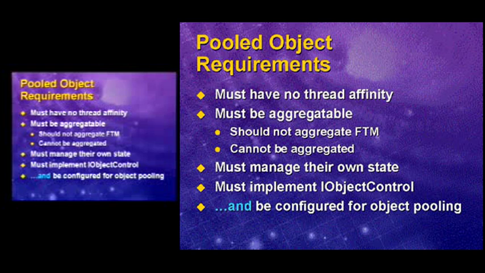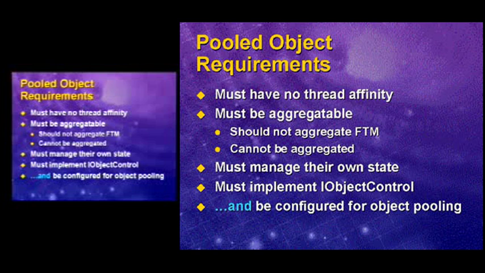They can be, though, multi-threaded apartment components if I'm only going to access them from the MTA, or neutral threaded apartment components with the new neutral threaded apartment, or they can also be threading model of both, or actually, as it's known now, all. So they can be any of those threading models, but they have to be able to be used on different threads at different times.